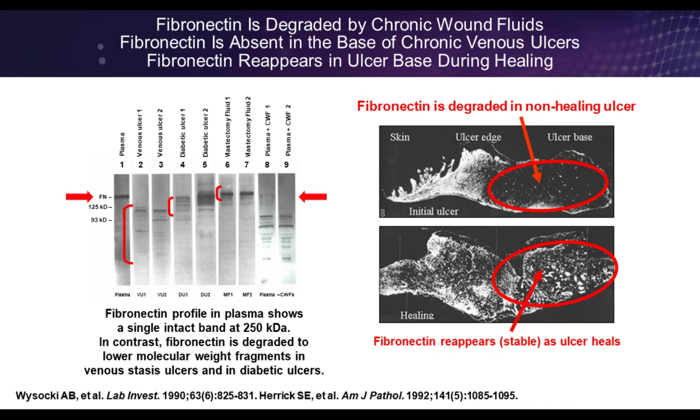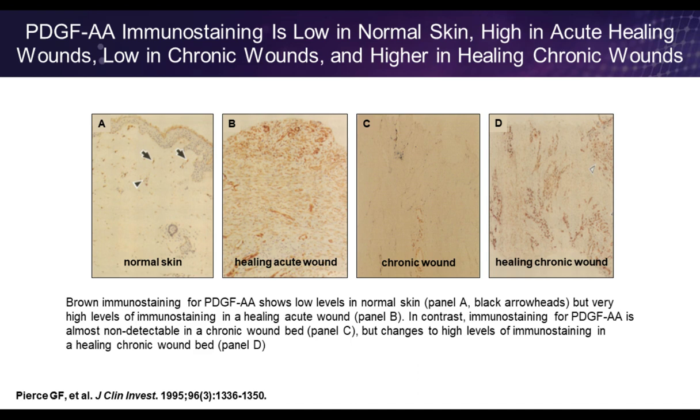Another example is the level of platelet-derived growth factor, an essential protein that is released by platelets, but also by the macrophages and wound cells. And you can see immunostaining in normal skin shows almost no brown staining for intact PDGF. That's because there's very little turnover and proliferation in normal skin.